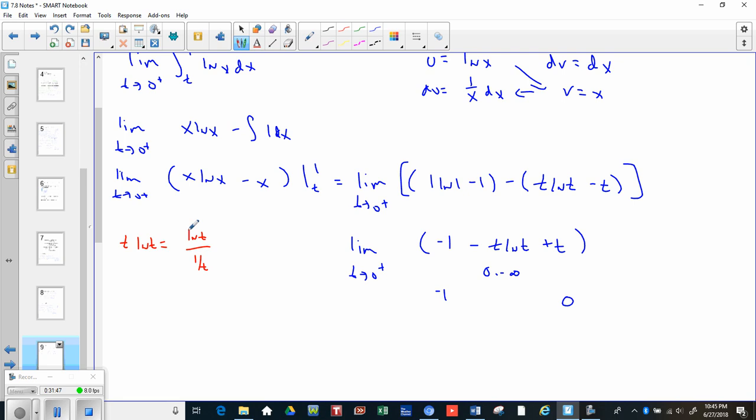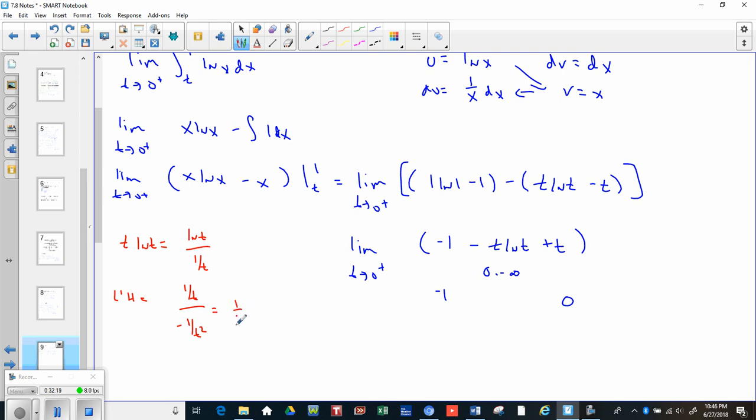Now I can use L'Hopital's rule, taking the derivative of the top and the bottom. That is going to give me 1 over t, because that's the derivative of natural log of t. The derivative of this is like t to the negative 1, is going to be, what is it, negative 1 over t squared, I believe. You can double check that. This simplifies. Remember, don't try and plug these limits back in until you simplify this.